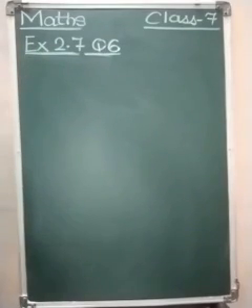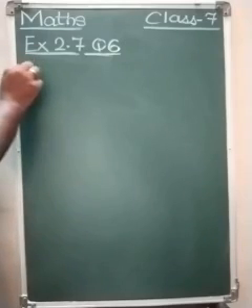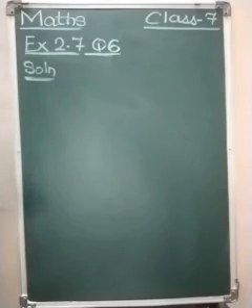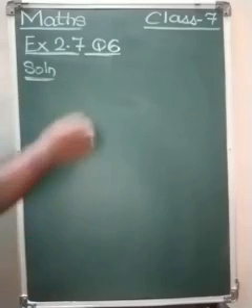Let us move forward. First write down the information given in our sum. A vehicle covers a distance of 43.2 kilometers.